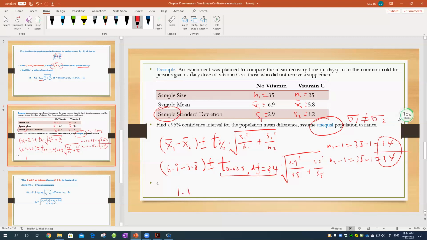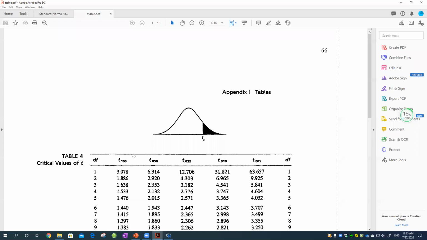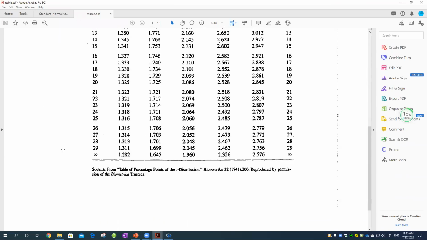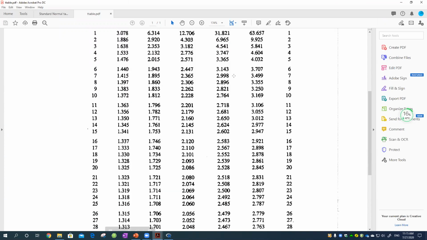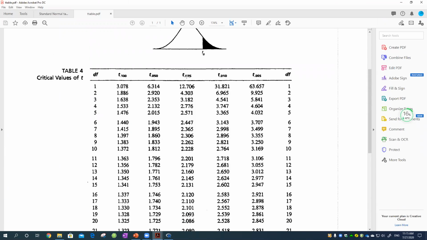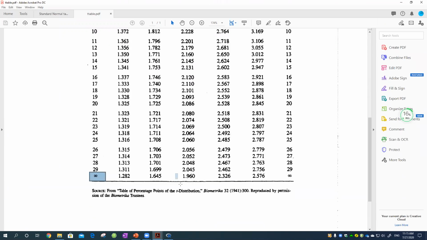So that's 1.1 again, plus or minus t with 34 degrees of freedom and 0.025. So we go to this table, 34, which will be the infinite, and 0.025, which is here, and if we check, that's 1.96.